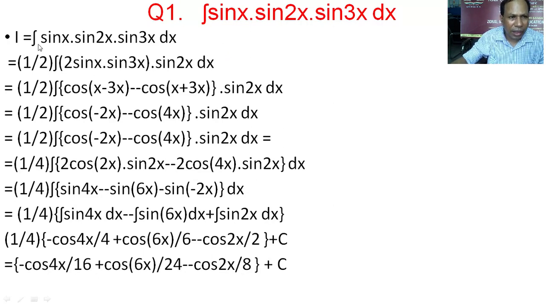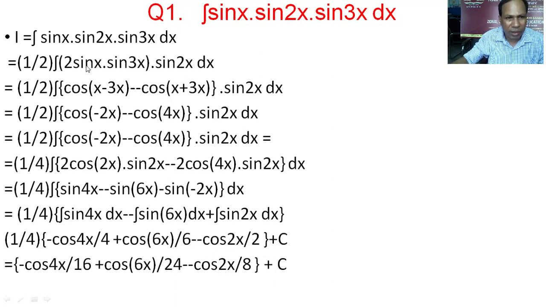So here we are given the question I is equal to integral of sin x into sin 2x into sin 3x dx. That means it is the product of three functions. Now we will try to express it in terms of sum or difference of a number of functions using the trigonometric identities, and for this we multiply by 2 and divide by 2, and preferably keep the bigger ratio and the smaller ratio together.